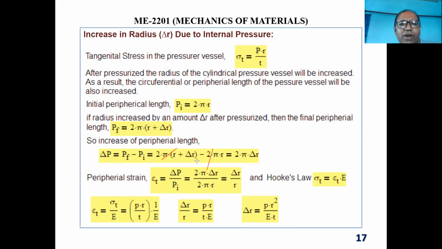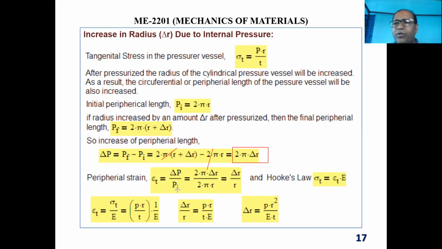You will have 2 pi into delta R. This is the delta P. Delta P means this much length increase of the pressure vessel's peripheral length. So what is the peripheral strain then?